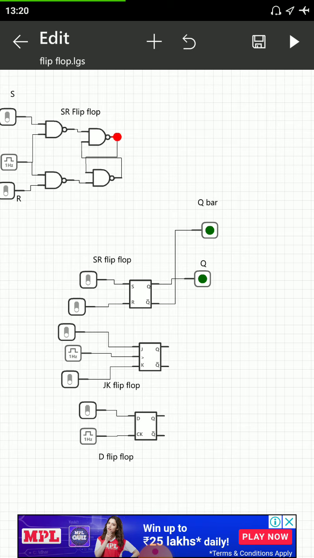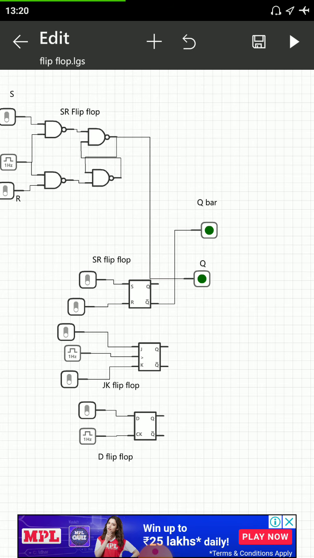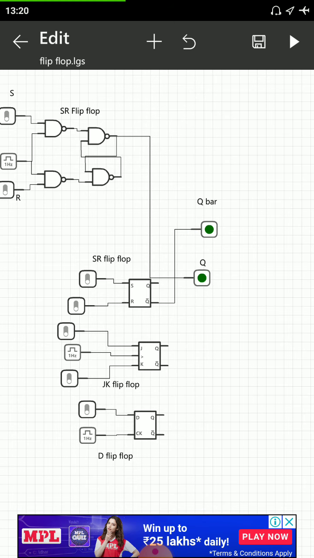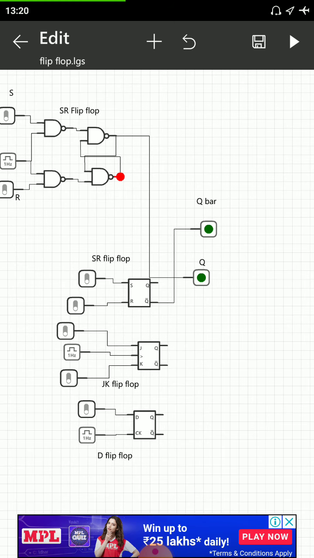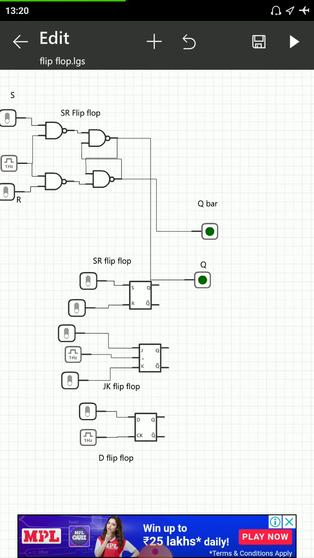So just made the necessary connections, and simulate the circuit. Yeah, I have added a clock, external clock, 1 hertz.